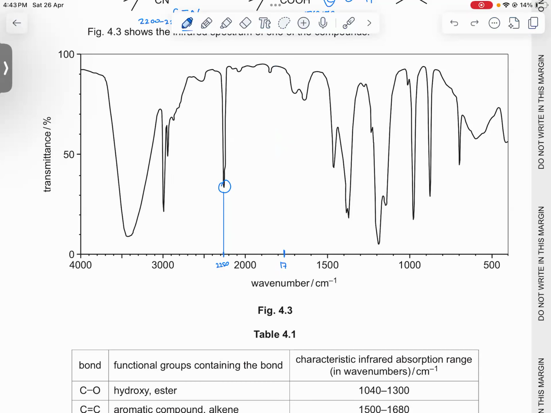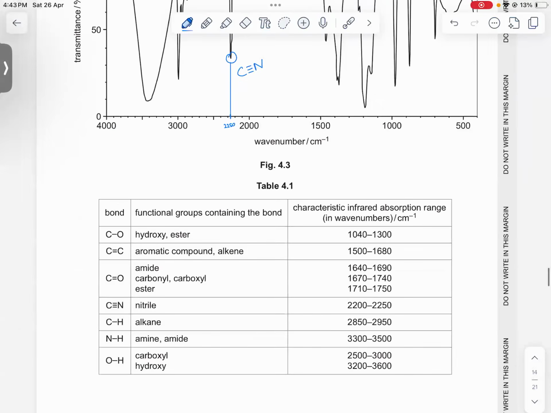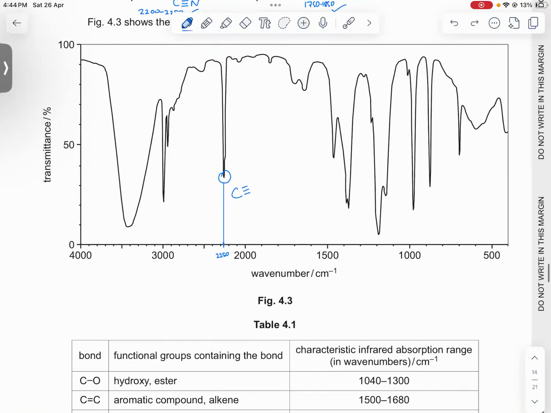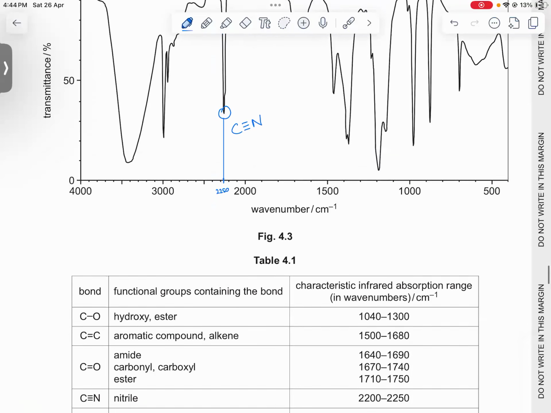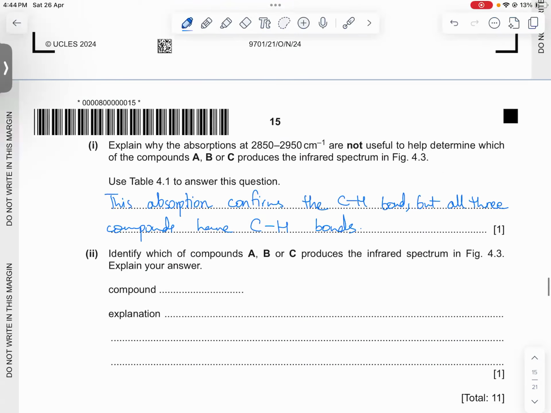This shows the presence of carbon triple bond nitrogen. So this confirms that the compound should be compound A.